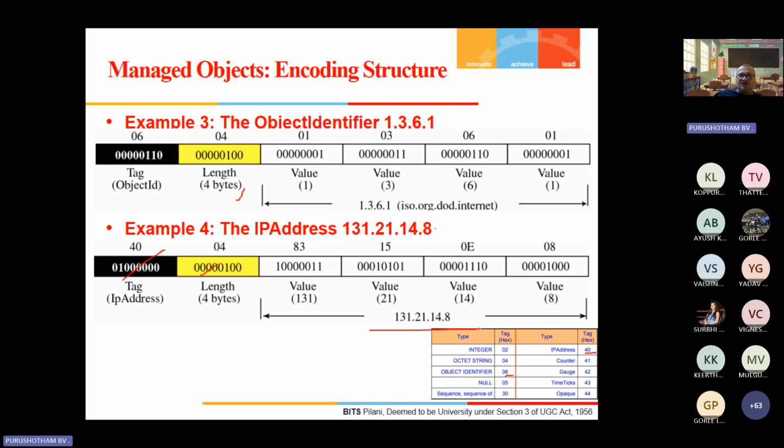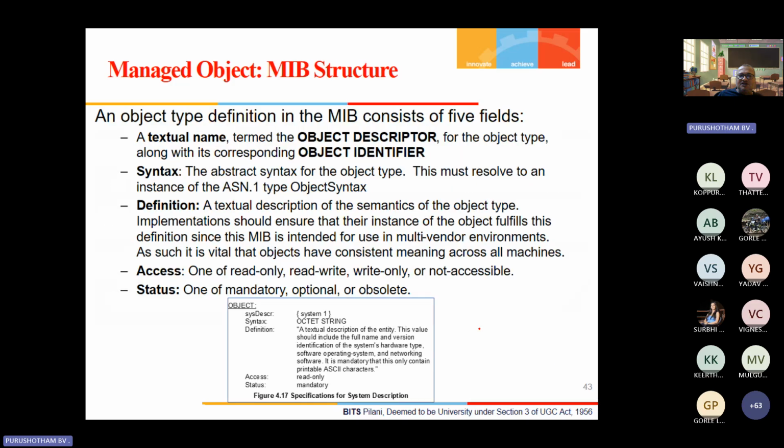That is the IP address, which is nothing but 131.21.14.8. Clear, guys? So this is how we encode with respect to the ASN. How we store that. Any questions there?